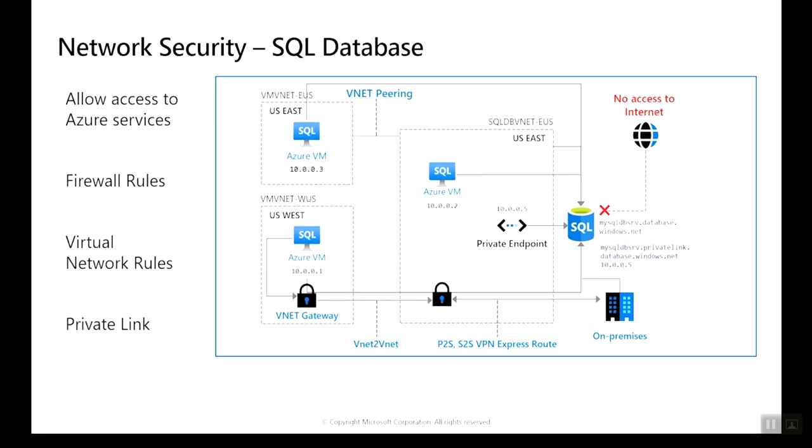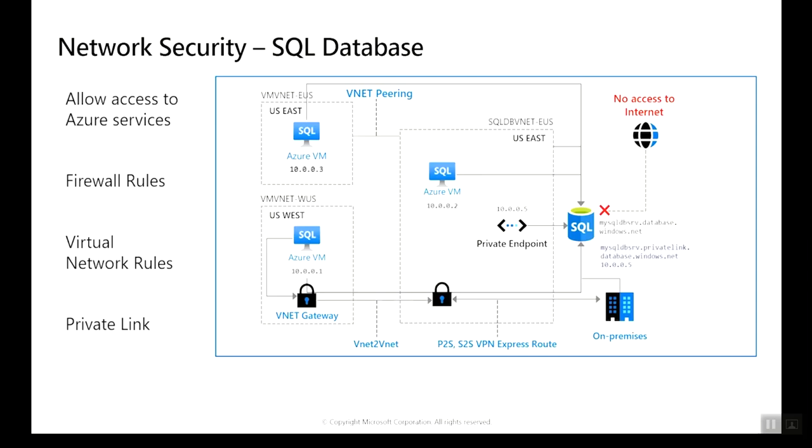Now we can also use things like VPN gateway or ExpressRoute to connect our on-premises environment to our Azure Virtual Network. And then we can block off all the public internet access to our Azure SQL database.